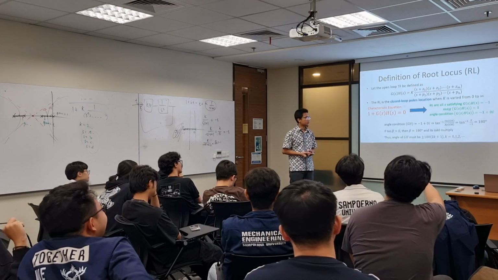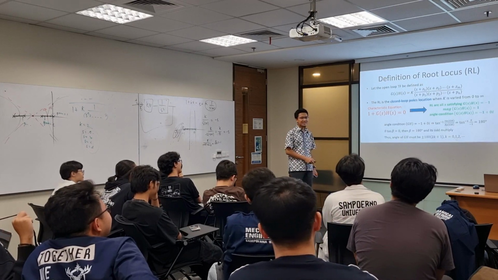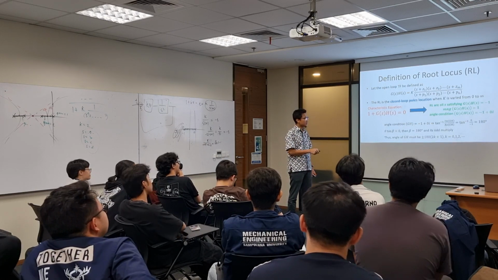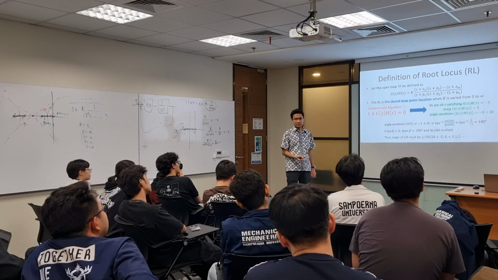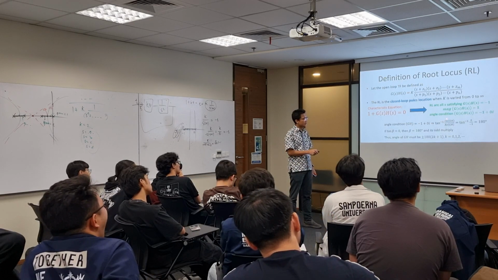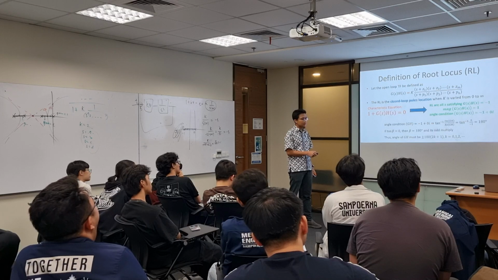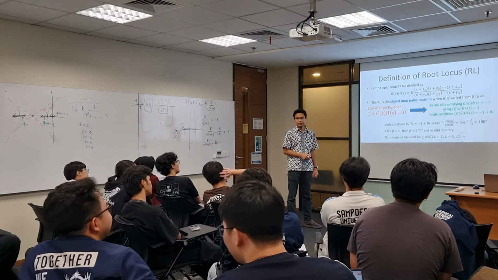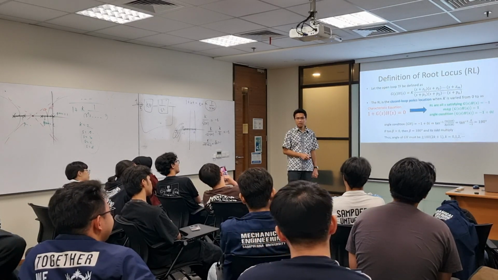A transfer function has its imaginary part and also the real part. If you take the tan inverse of the imaginary divided by the real, then you will get the angle itself.